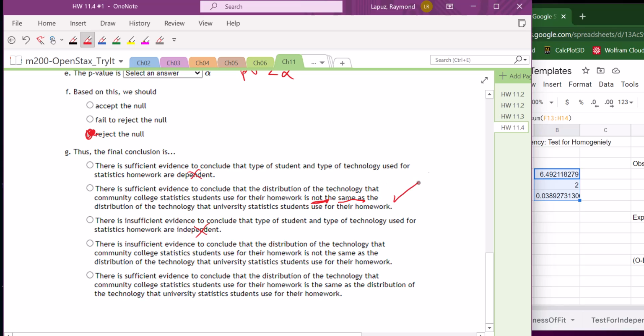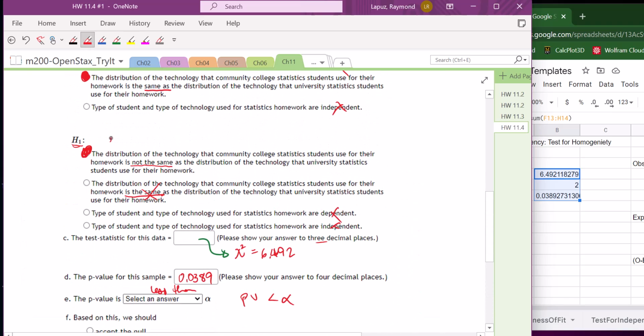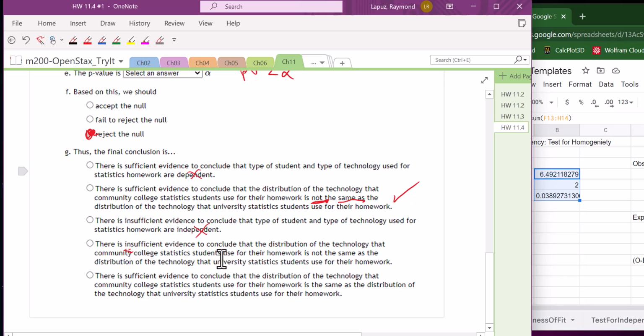This looks like a good candidate for that, but let's read the rest. There is insufficient evidence. I think because we rejected the null hypothesis, we actually will support the claim. So we're looking for statistical significance of sufficient evidence of support.